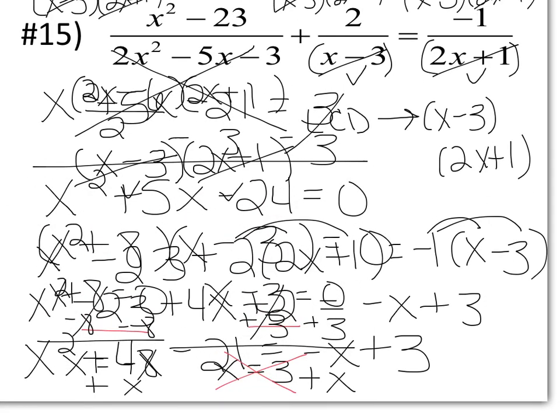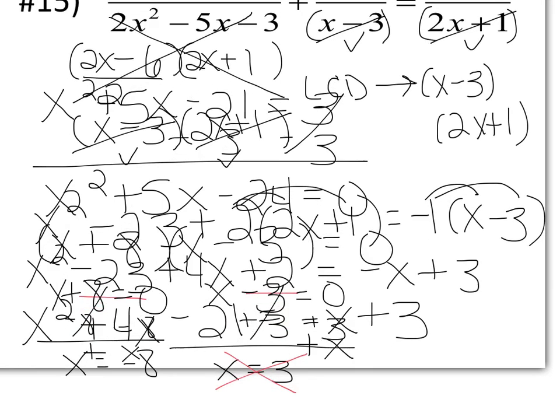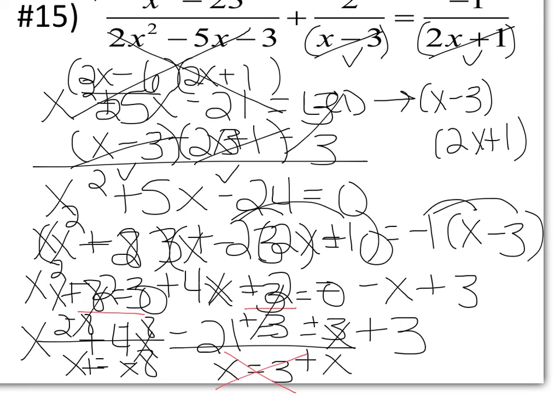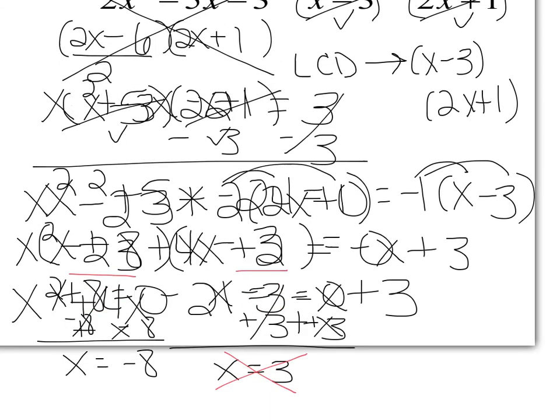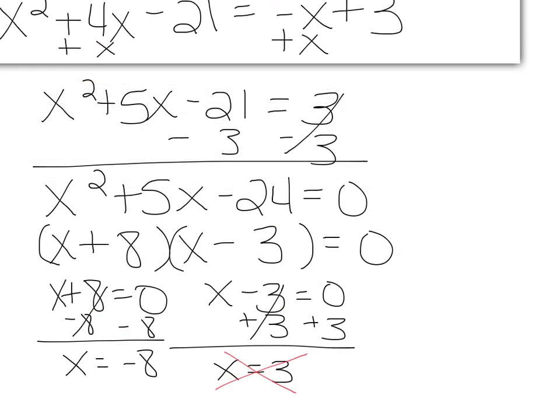All right, let's see what else. 2x plus 1. If I put a 3 in there, I get 7. If I put an 8 in there, okay, so 8's okay. So my only solution is x is negative 8. Oh my gosh, x is negative 8. Okay, so you notice you have to check, because on this one of them worked and one of them didn't. Only negative 8 is one of your solutions.